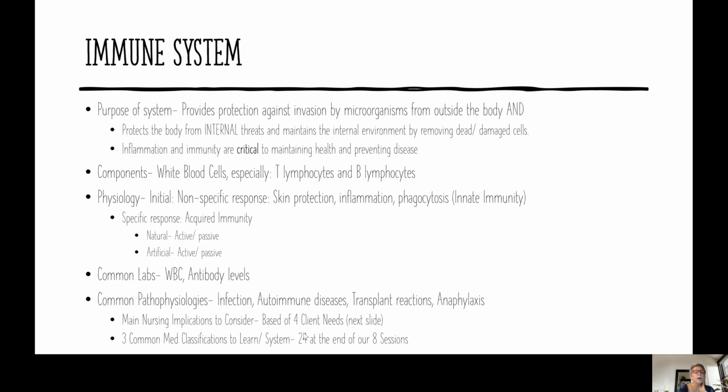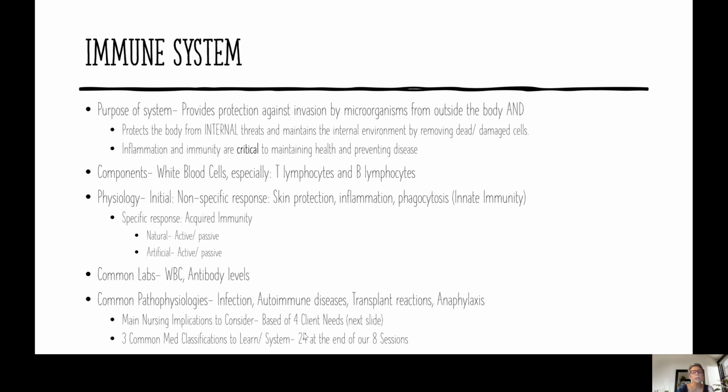Please note that inflammation and immunity are critical to maintaining health and preventing disease. So the components, the white blood cells, especially the T lymphocytes and B lymphocytes, but we'll talk about the other pieces as well.